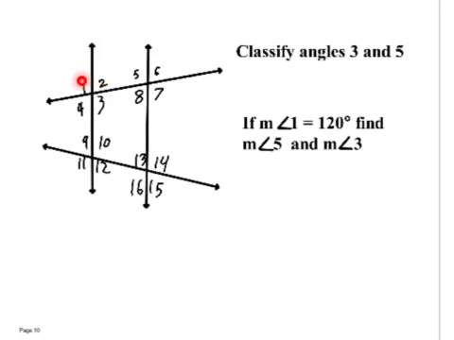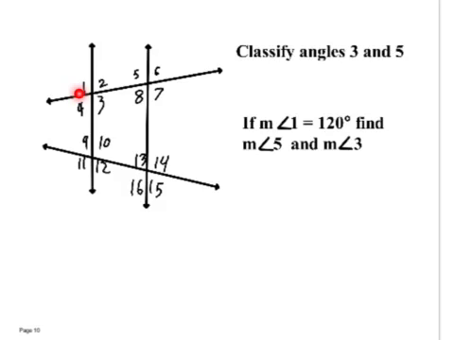It says if angle 1 is 120, what is angle 5 going to be? 120? Is that what you said, Pyle? Angle 1 and angle 5 are what kind of angles? Where are they? 1 and 5, right there. What do we call those?